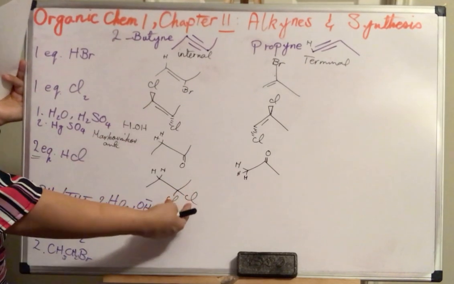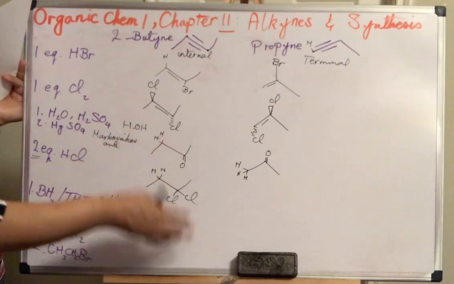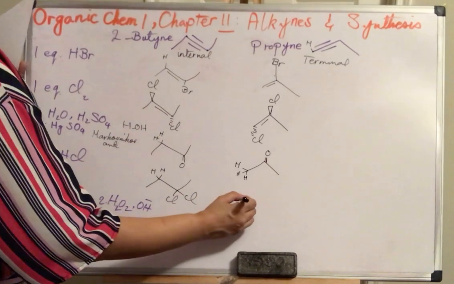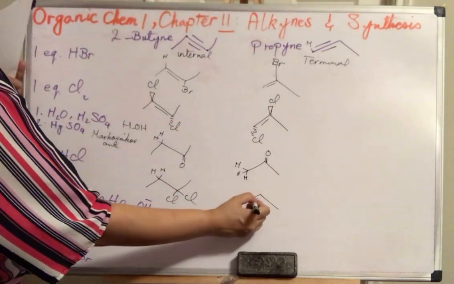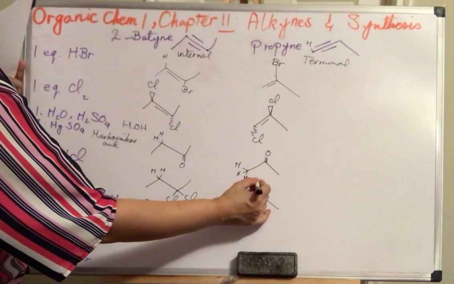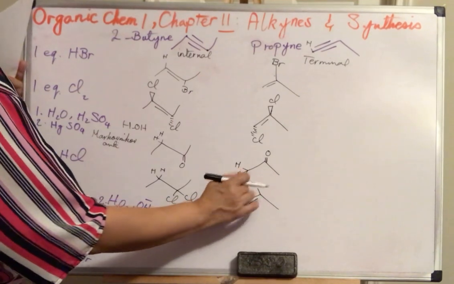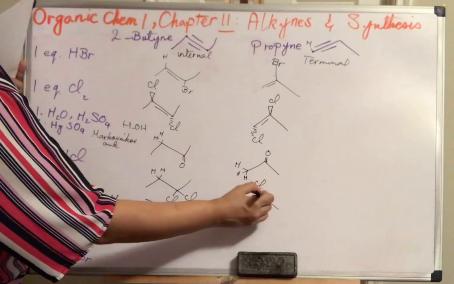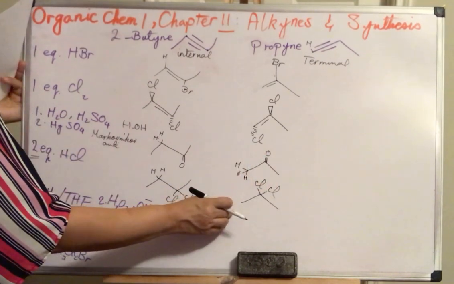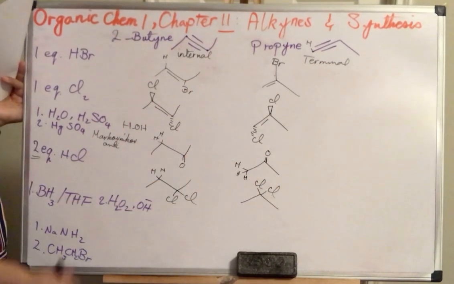Or you can have two hydrogens here, chlorines here. Either way, that's the same product. For this compound, it matters. You have a hydrogen already, so the first product is this, and then the second product is going to be this. So you have three hydrogens here, two chlorines here.